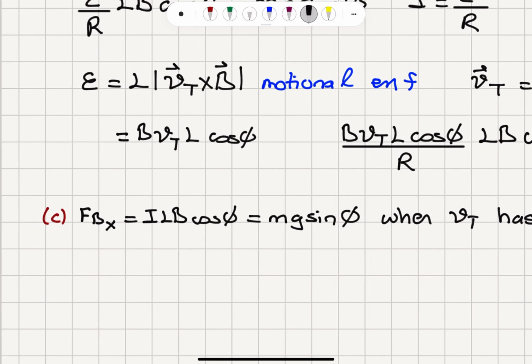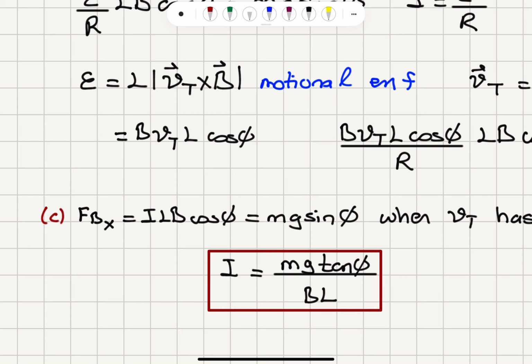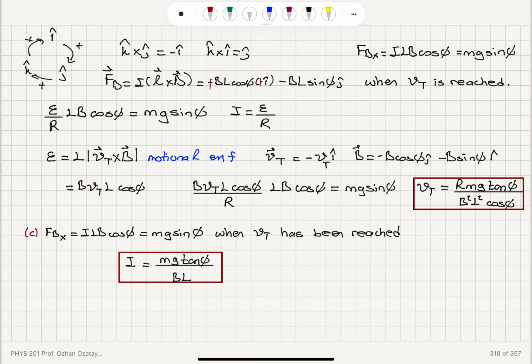Therefore, the current from this equation turns out to be mg tangent phi divided by BL. That's the induced current. Let's move on to part D.